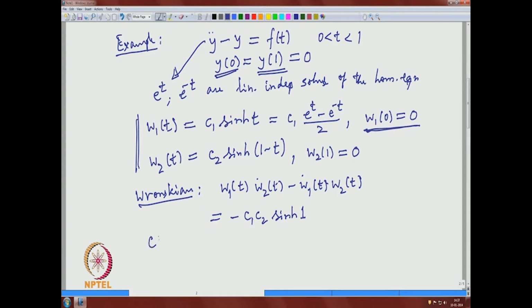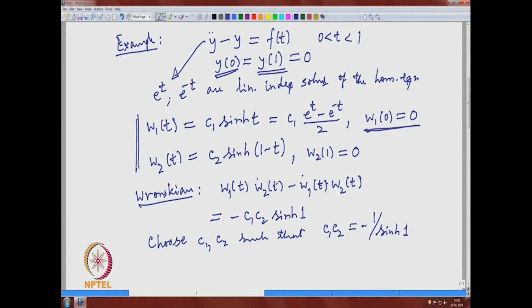So, because we want the Wronskian to be 1 by p(t), and p is identically 1 here, choose c1 c2 such that c1 c2 is equal to minus 1 divided by sinh 1.